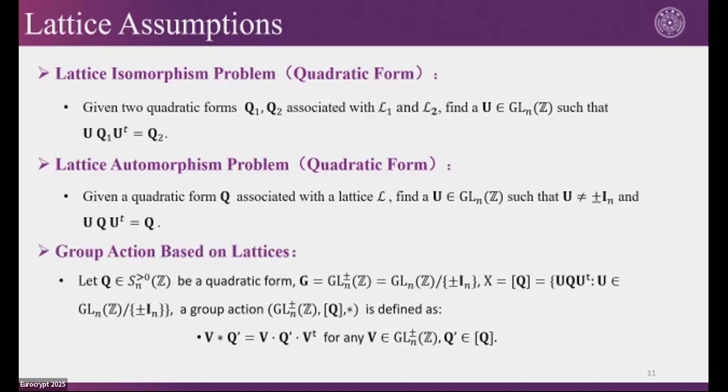So furthermore, we can describe lattice isomorphism using a loop action. We need Q to be a quadratic form, and G be such a loop, and X be such a set. And the loop action on such a triple can be defined as follows, which is a loop action.